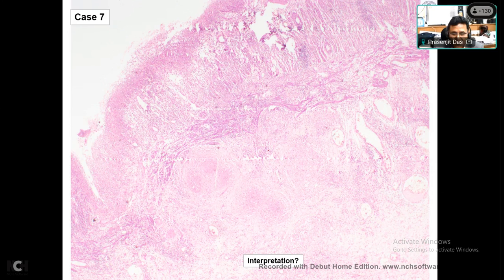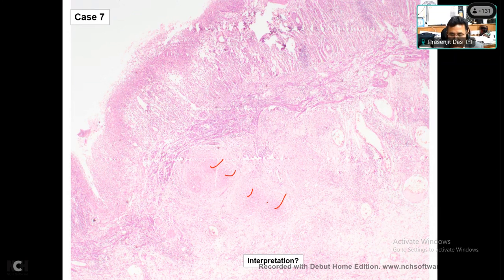So what are you cooking in your mind, what can it be? There are multiple submucosal granulomas. The granulomas are large. Yes. And what else did I tell you? You also have to see how the granulomas are positioned, if they are next to each other or there is confluence of the granulomas. Whenever you describe, use these terminologies: large submucosal granuloma, tell the site, and whether they are confluent or not.